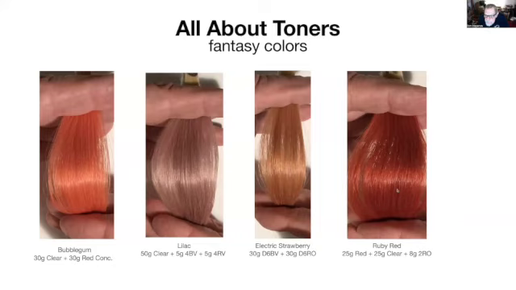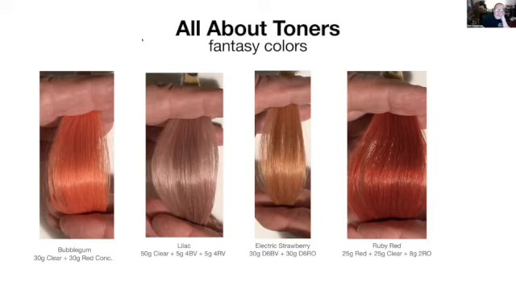The way I made this was I took red concentrate and clear, and then I added 8 grams of 2RO, which is level 2 red orange. I'm pretty sure I'm the only person who gives you a level 2 red orange. For some reason, most people don't. I don't know why, because it's a great color.